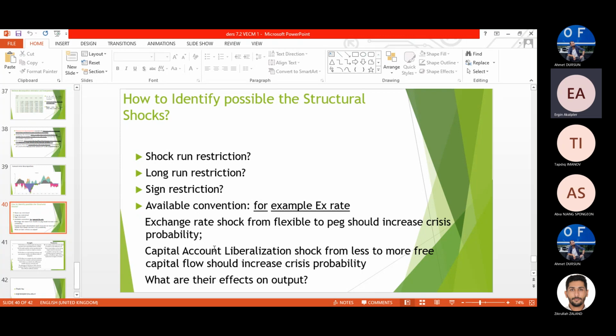If we consider, for example, the exchange rate, shocks from flexible to pegged. Flexible to pegged means that if there is a flexible system, the foreign currency is left to float by the market, by the changes of the variables, so the currency is flexible.